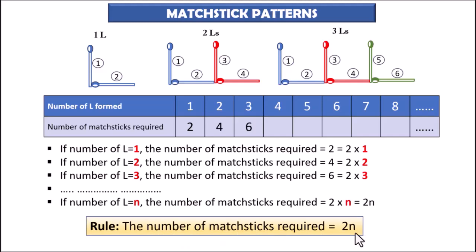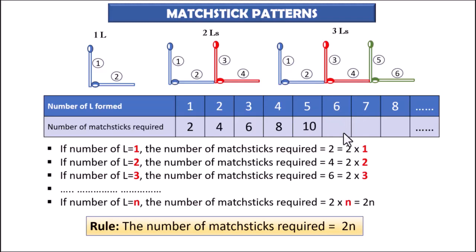So now we will try to fill up the above table with the help of this rule. Here, if we form 4L, that means n is equal to 4. So how many matchsticks will be required? As per our formula, it should be 2n, that is 2 into 4 is equal to 8. So we will write 8 here. Again for 5L, it will become 2 into 5, 10.